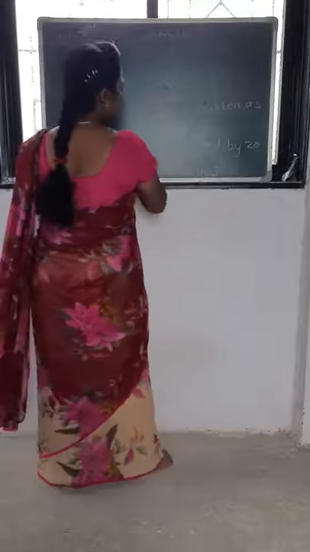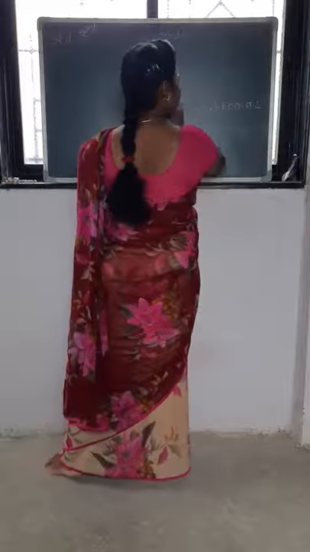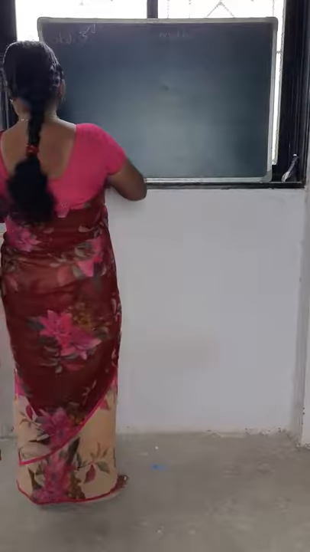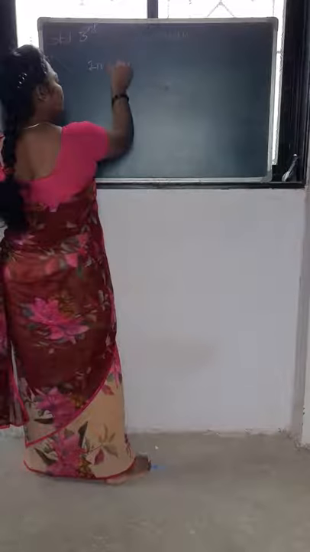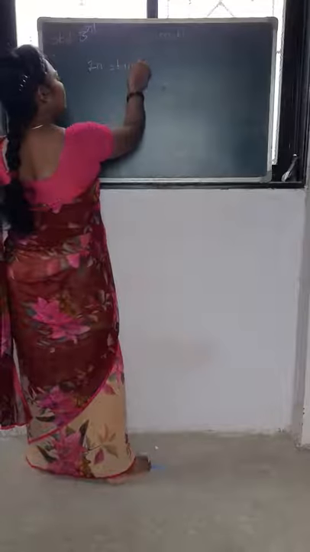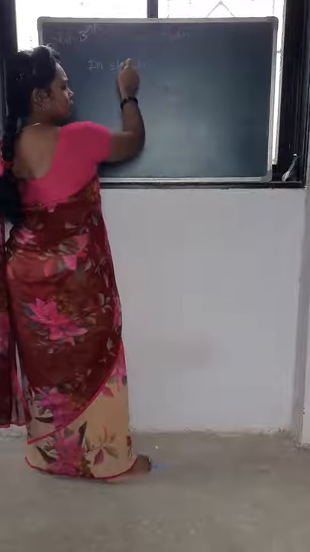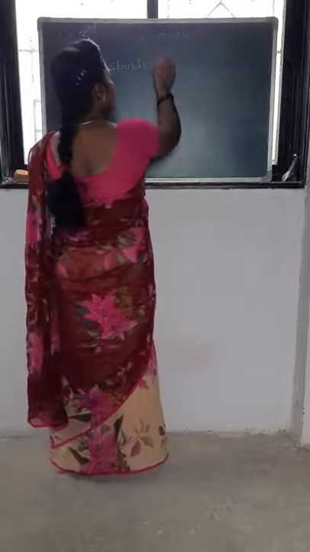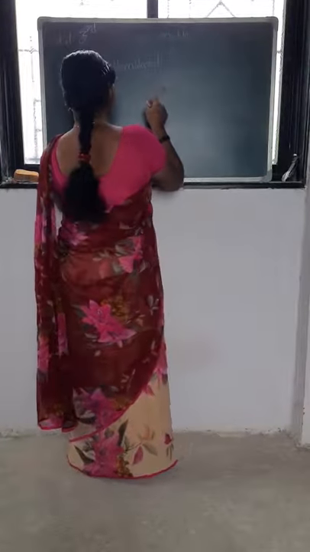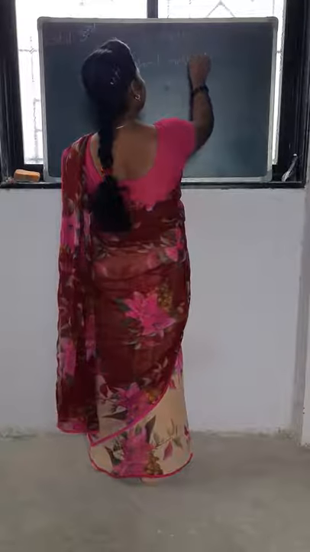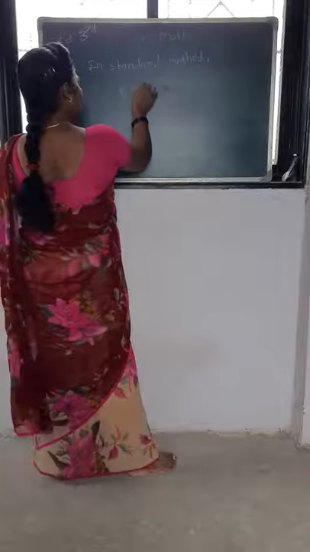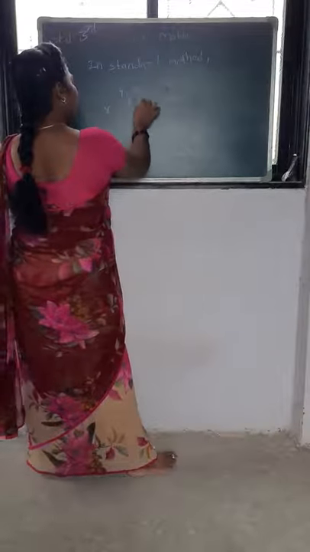The second method of this example is the standard method. This is a simple method. Here we solve the given multiplication by the standard method. 46 multiplied by 23.